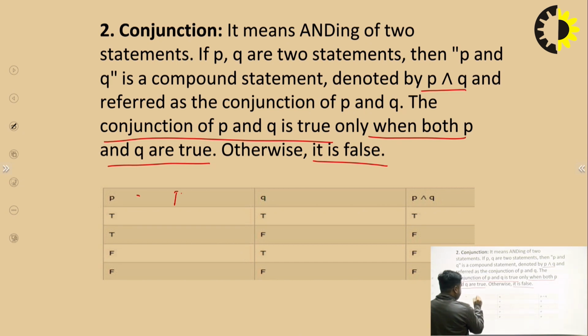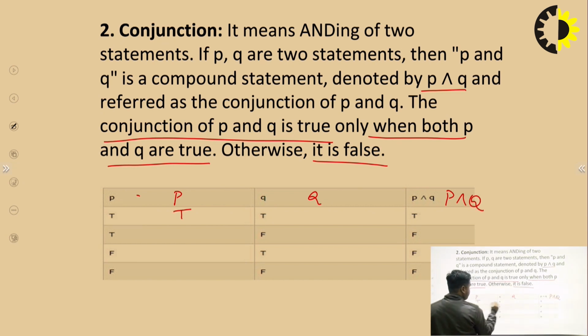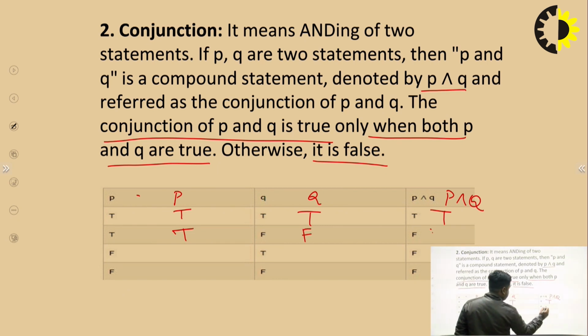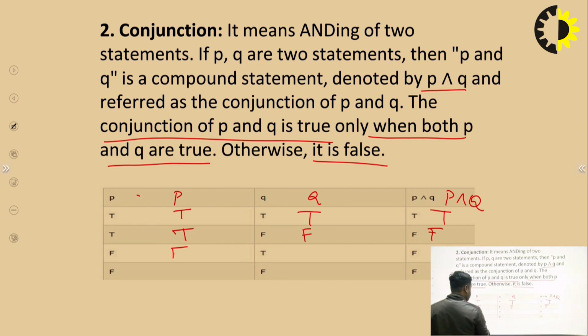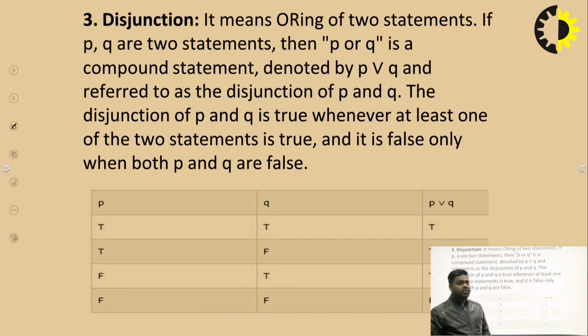So this is P, this is Q, and this is P and Q: true, false, true, false, and false. You know that one very well, so I am skipping this one.